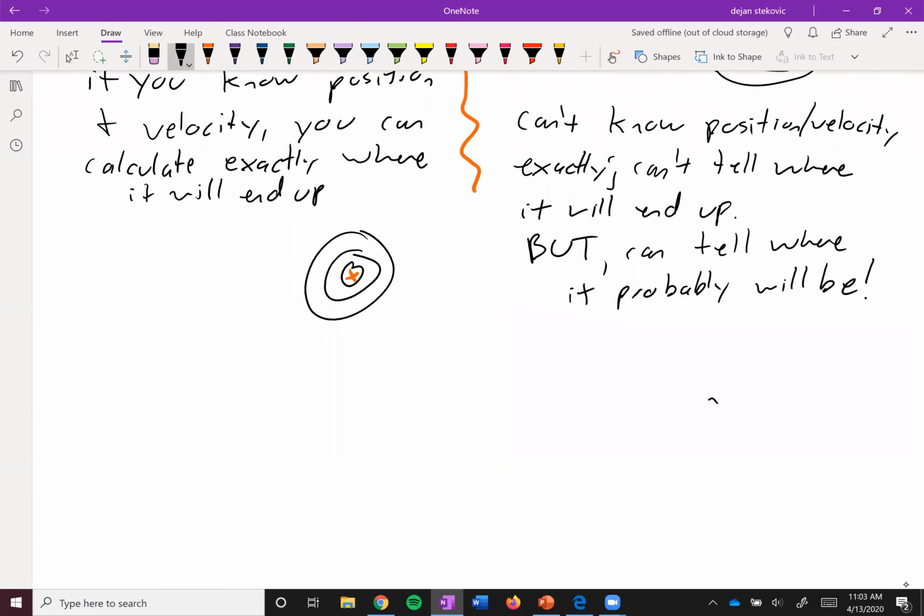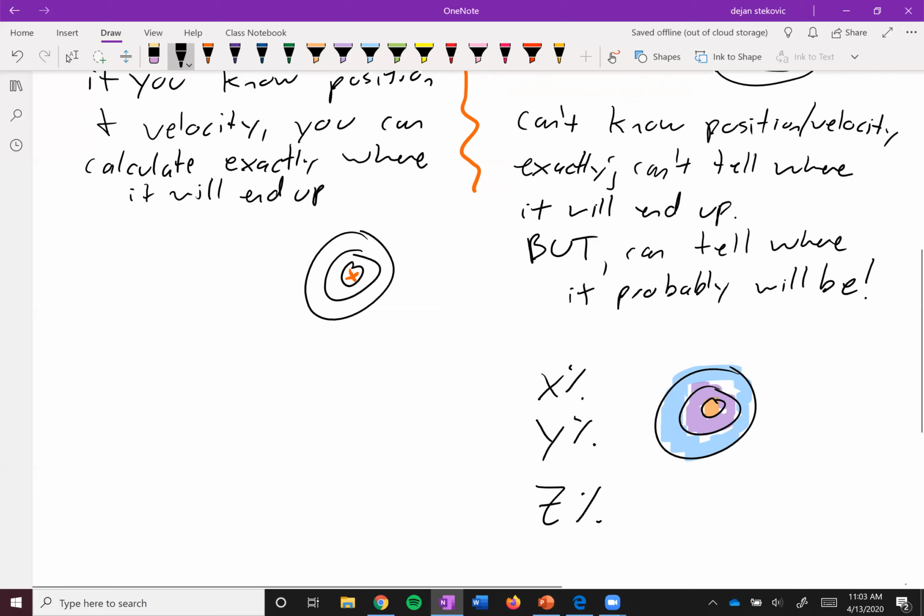If you look at this type of target, you couldn't tell me exactly where it's going to end up, but you could give out different zones. You could say there's an X% chance it'll land here, a Y% chance it'll land here, and a Z% chance it'll land here.